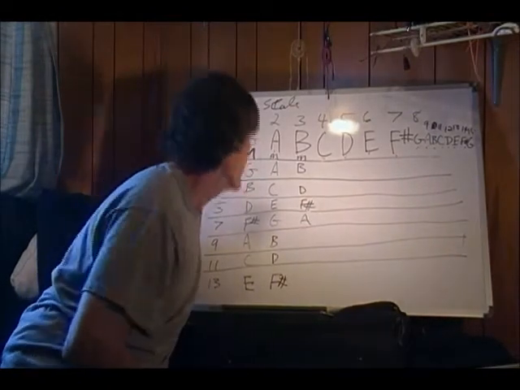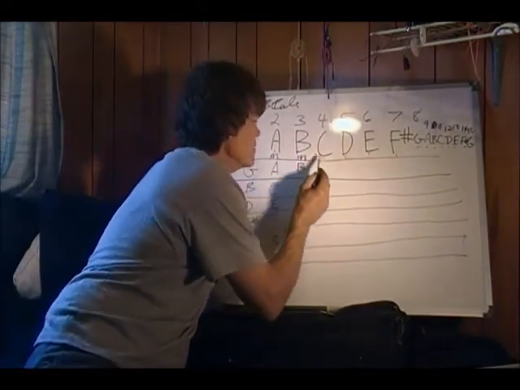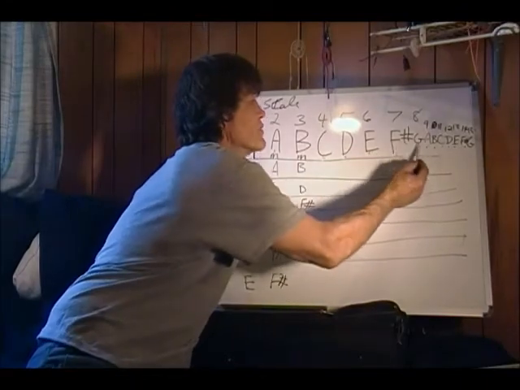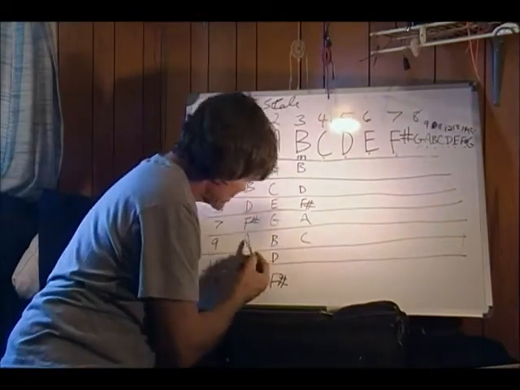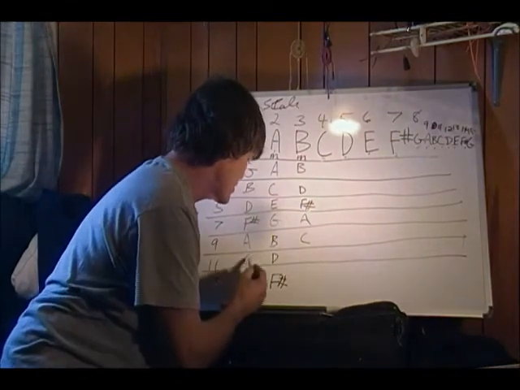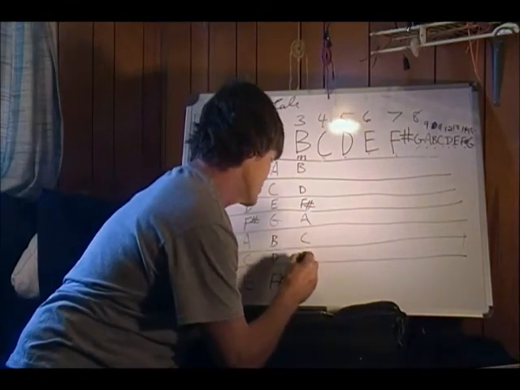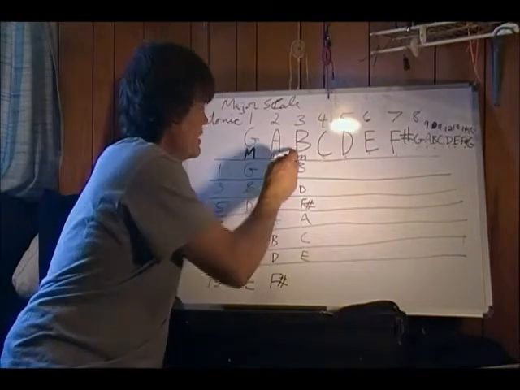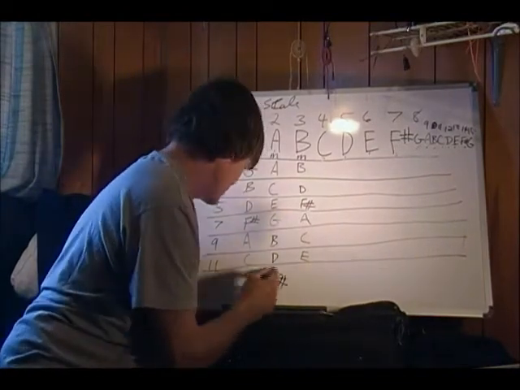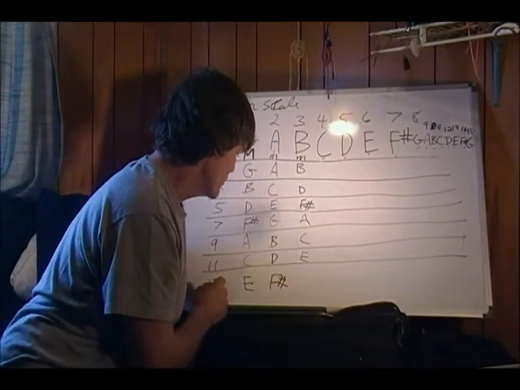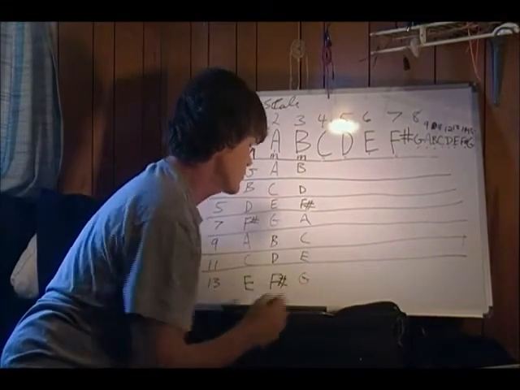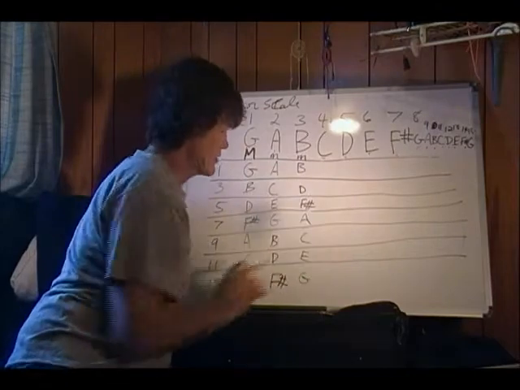How about B minor 9? Let's count. 1, 2, 3, 4, 5, 6, 7, 8, 9. C. Hey, look at this. A, B, C. C, D, E, right? We know that a B minor 11 would be the note E, and a B minor 13 would be the note G. It's starting to lay itself out.